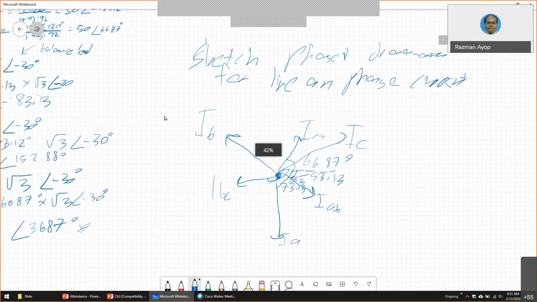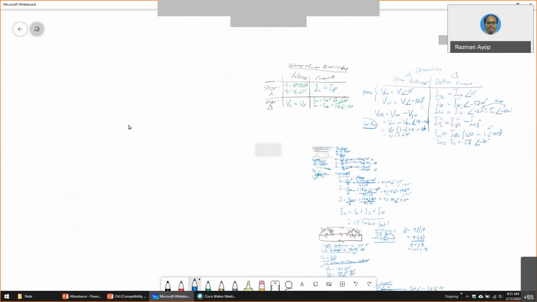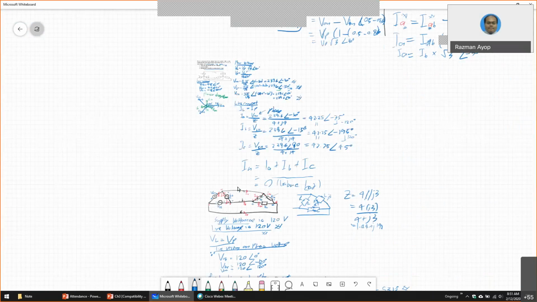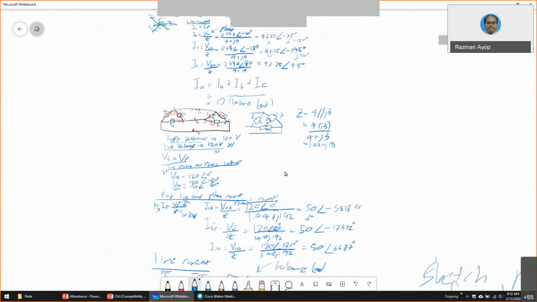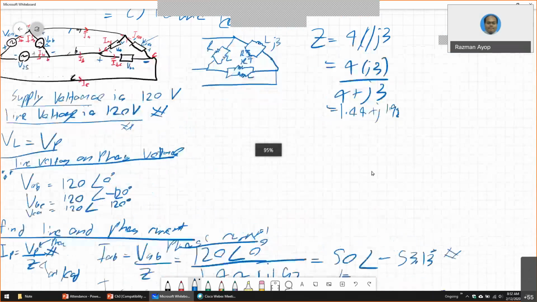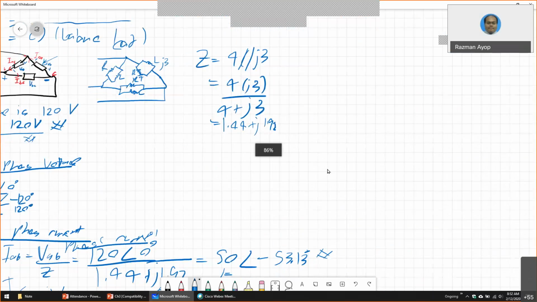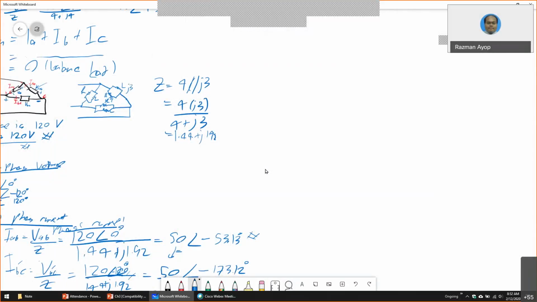So this is the example for delta delta. How about star delta?